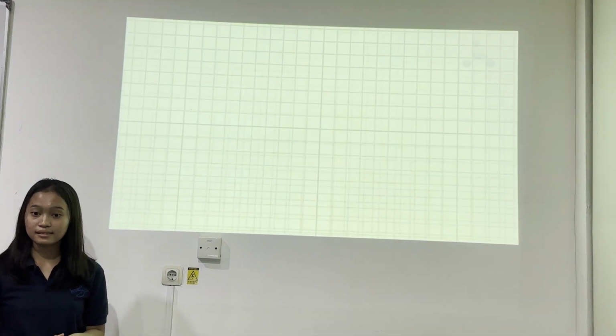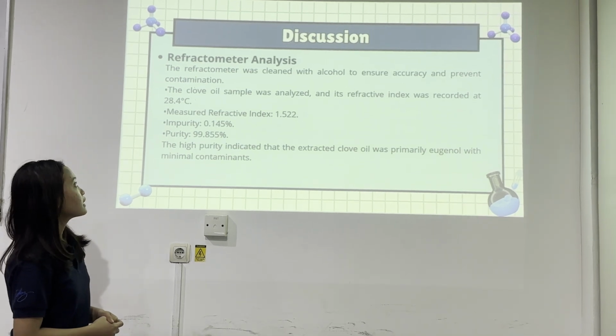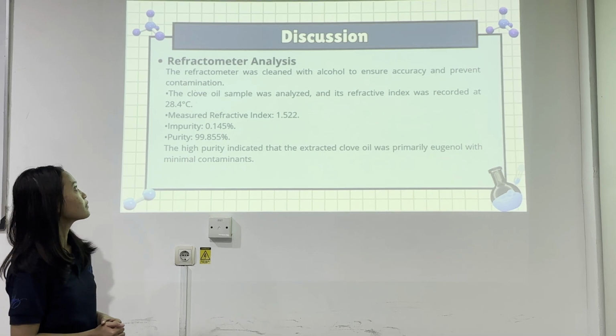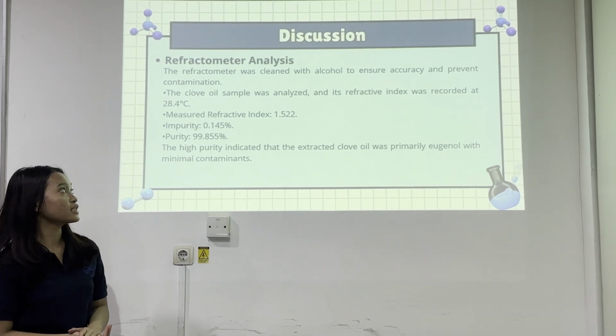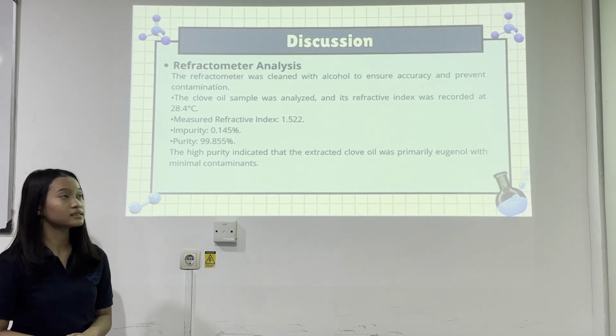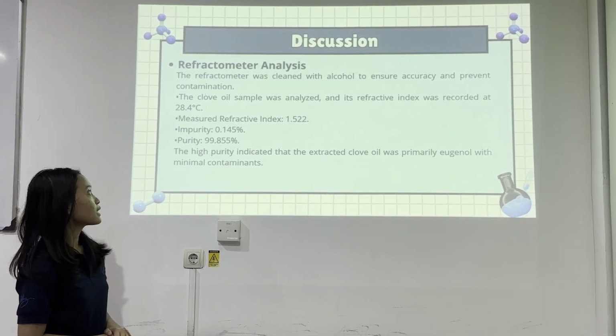And the last, refractometer analysis. The refractometer was cleaned with alcohol to ensure accuracy and prevent contamination. The clove oil sample was analyzed and the refractive index was recorded at 28.4 Celsius.